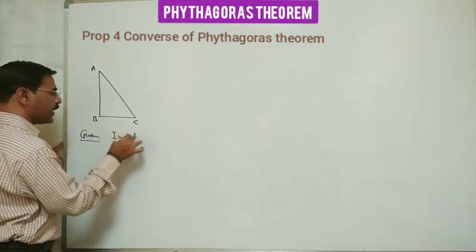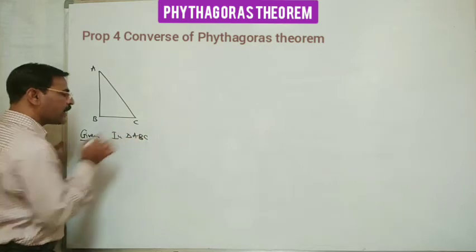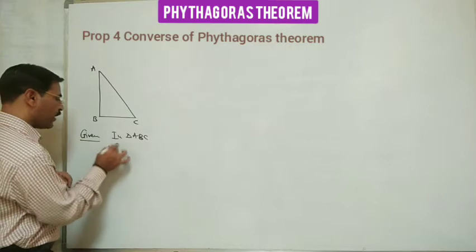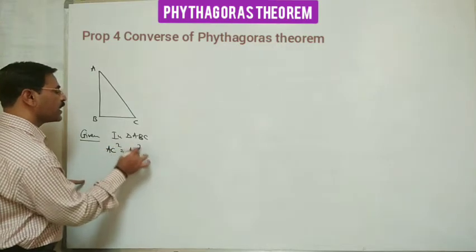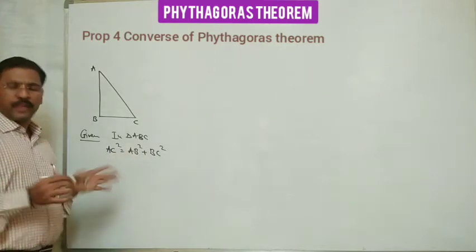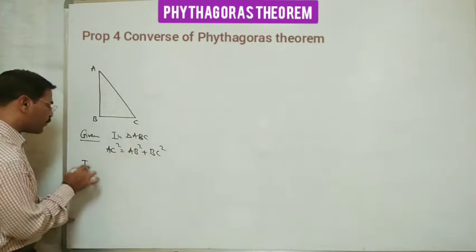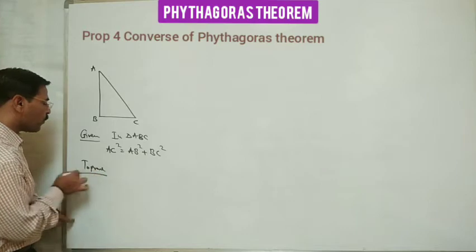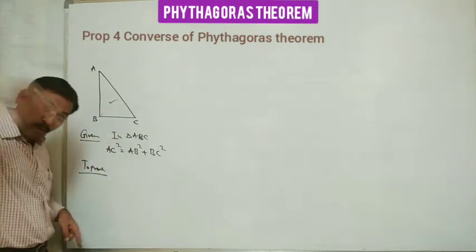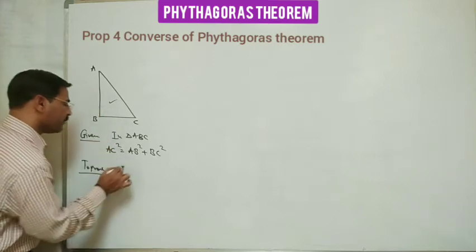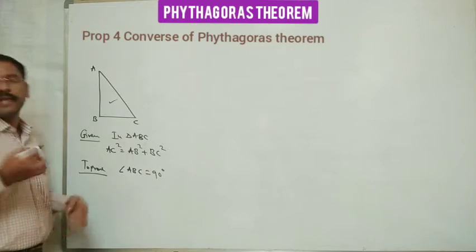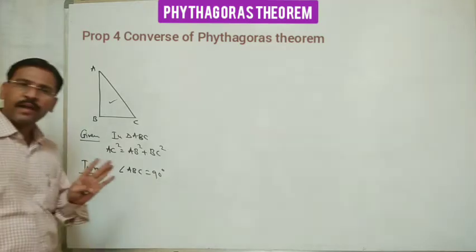In triangle ABC, the square of one side is equal to the sum of squares of the remaining two sides. We have to prove this is a right angle, which means B should be 90, angle ABC equal to 90. That is our aim.